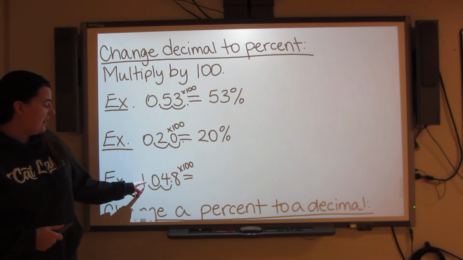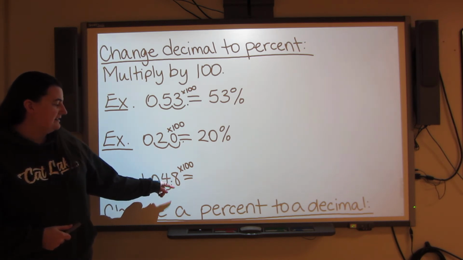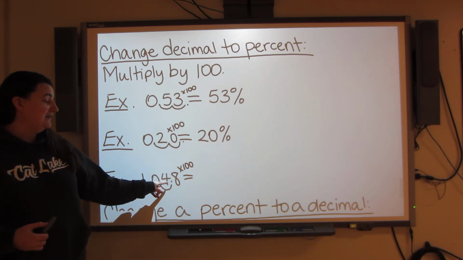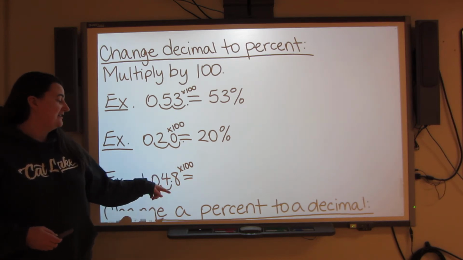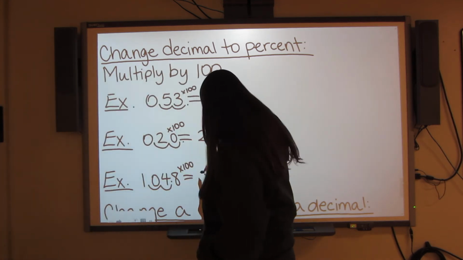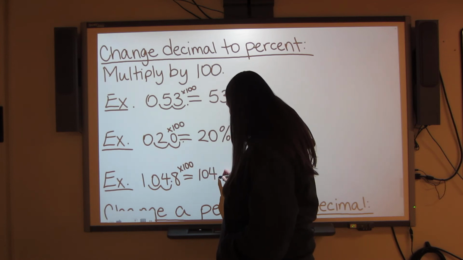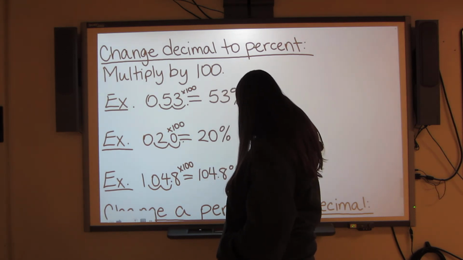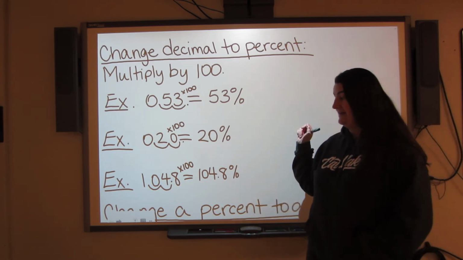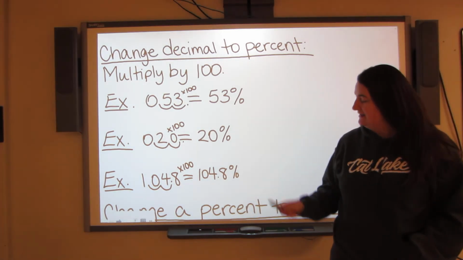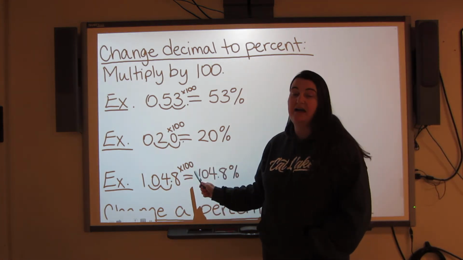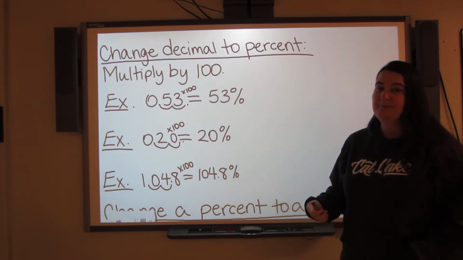And now I have 104 and 8 tenths. So I need to write that whole number down. I have to keep the decimal this time because there is something that comes after the decimal. So 104.8%. Yes, that's a bigger number. Yes, it still has a decimal in it. That's okay. It's still a percentage. You did the thing you were supposed to do, timesing by 100 to find the percent.